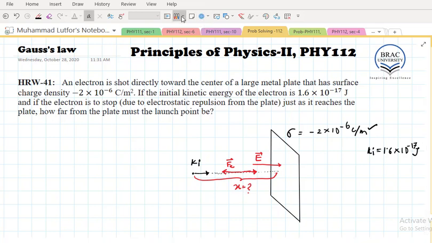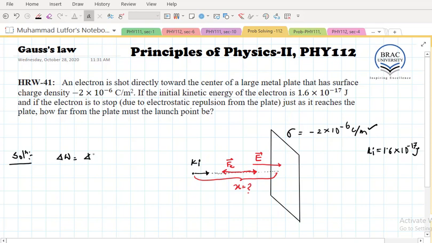To solve this one, we can use the work-energy theorem. Basically, the net work done is the change of kinetic energy.